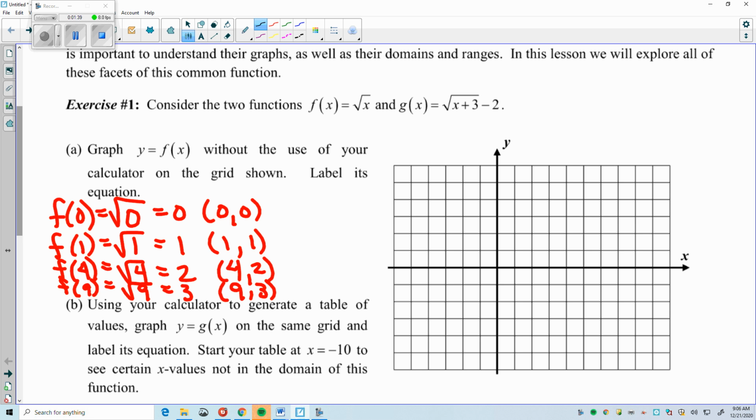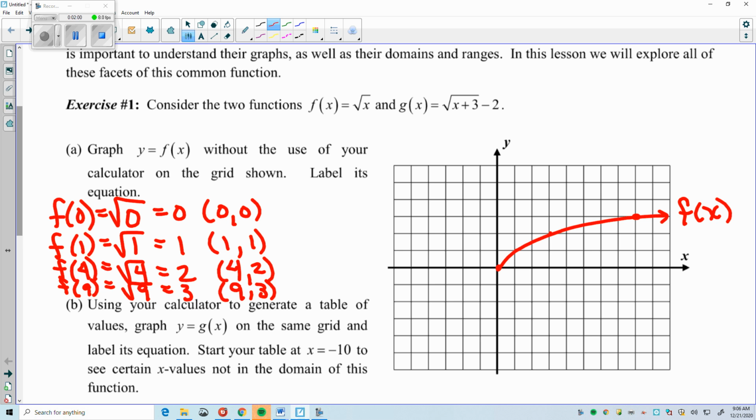So if I were to graph a couple of points, I have 0, 0, 1, 1, over 4 up 2, over 9, so here's 5, 6, 7, 8, 9, up 3, and we're going to get our graph with an arrow. Make sure we have a label for that as well.